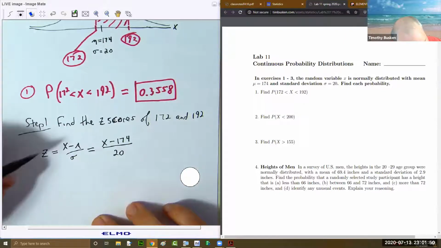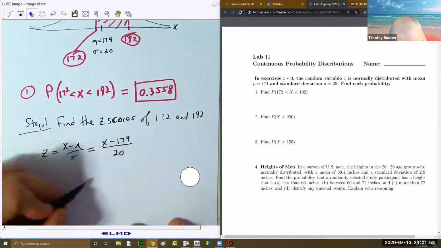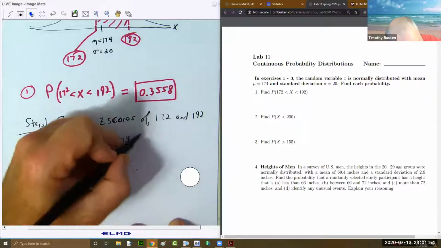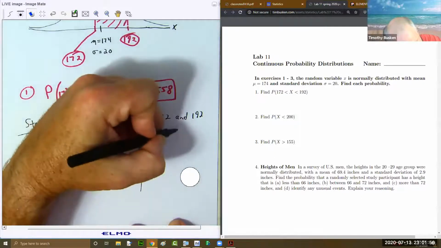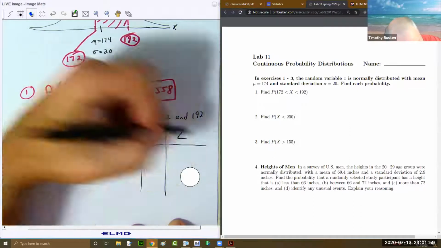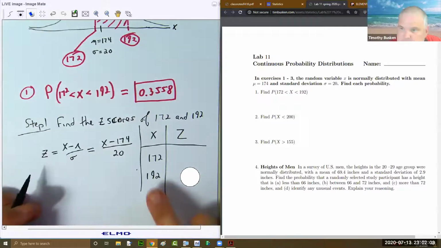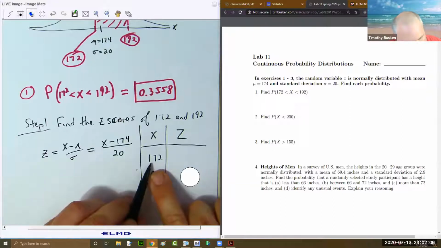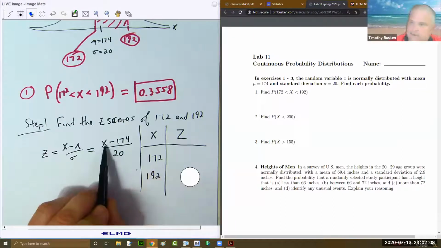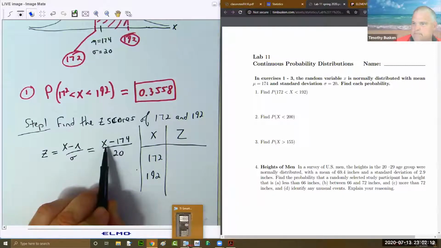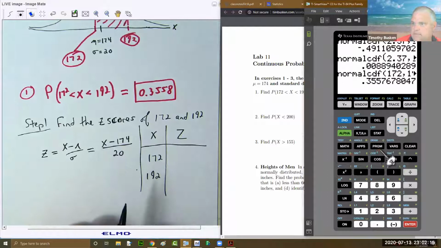Okay, so now let's do the math here. To find the Z-score of 172, I'm plugging in 172 for x, and 172 minus 174 is going to give me a negative 2.